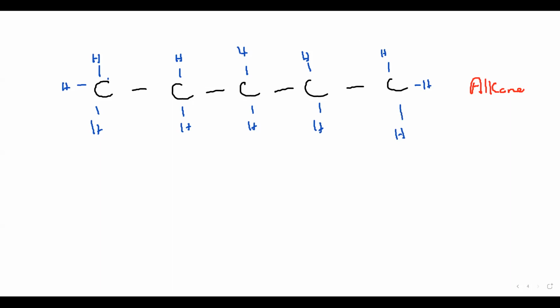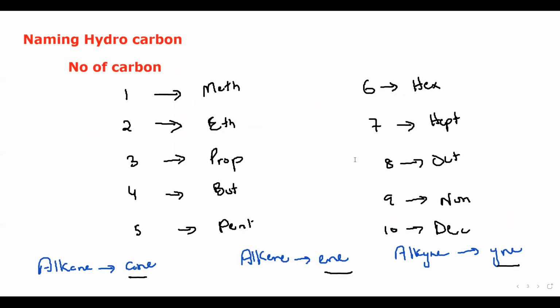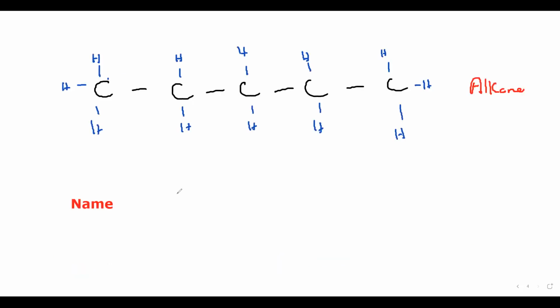Now, how to name? For naming, we have to recall that table. If there are five carbon atoms, as you can see, there are five. For five, what is the prefix we use? Prefix means the starting part of the name. Five means pent, P-E-N-T. We write pent.